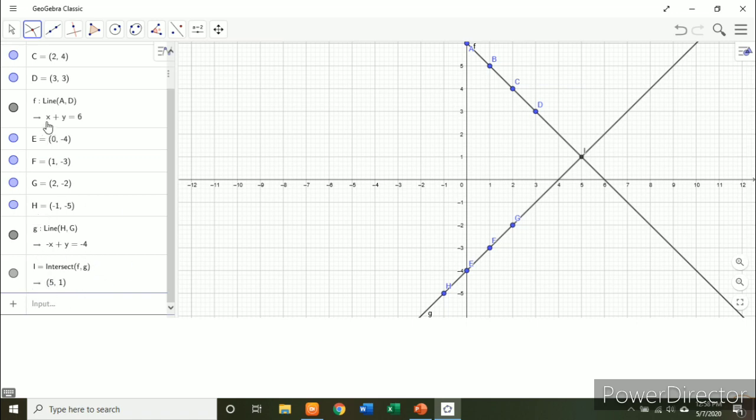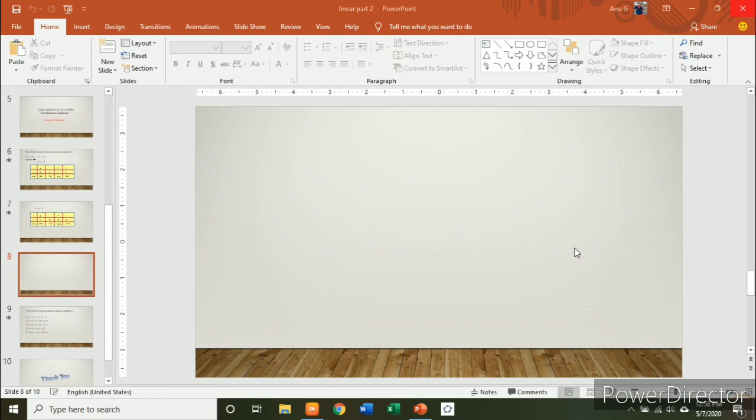This is the equation for the first line, x plus y equal to 6. The second equation is x minus y equal to 4, and this is the solution 5, 1. This is our solution set. Now in this way we find the solution set for simultaneous equations.